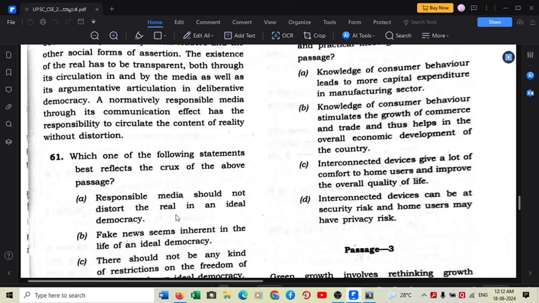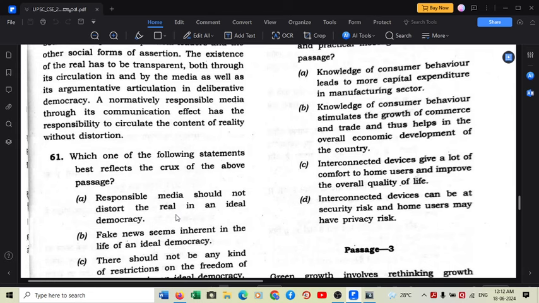Rest of the statements seem very generic, and option C, which is talking about quality of life, is out of context. So there is no reference to quality of life. There is no reference to overall economic development of the country. There is no reference to capital expenditure.